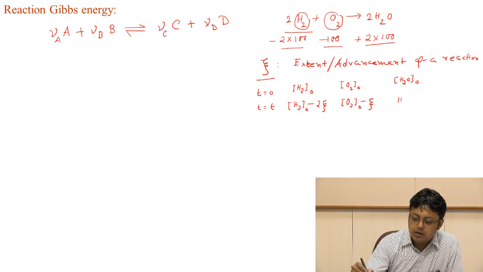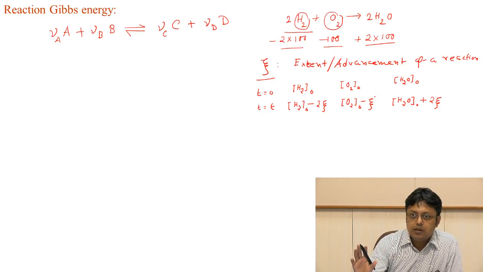And for water, it is the initial amount H2O zero plus 2 xi. So xi is independent of whether it is a reactant or a product. The total amount of the reactant or the product at time t will be either reduced or increased, but that will be proportional to xi, and that proportionality constant will be just the stoichiometric coefficient including the sign.